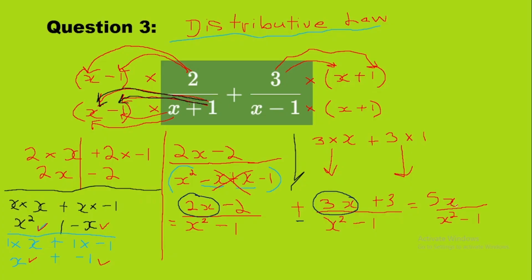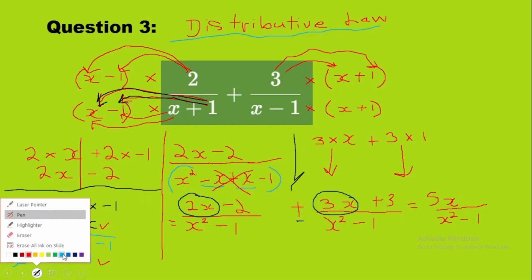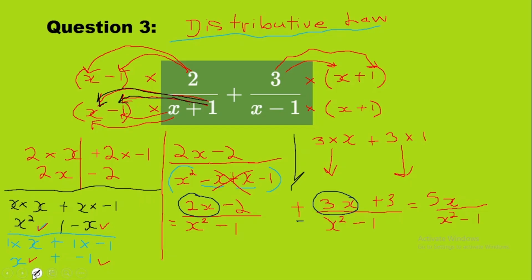And remember, these are like terms, so if x is apples, it means that you have 2 apples plus 3 apples. That will give you 5 apples, so 5x. And now we have another set of like terms, just a regular number, which is negative 2 plus 3.